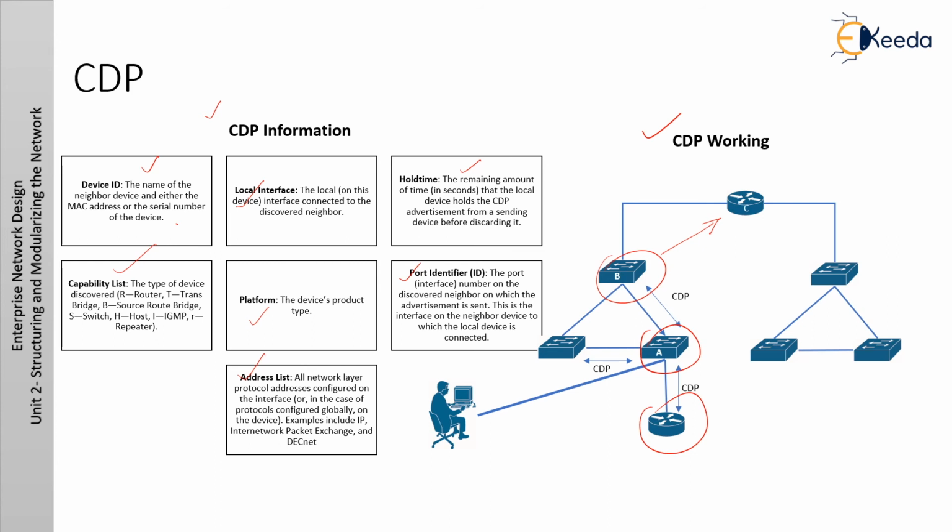CDP frames are sent with a time to live, or TTL, value that is non-zero after an interface is enabled. A time to live value of 0 is sent immediately before an interface is shut down, allowing other devices to quickly discover the change.